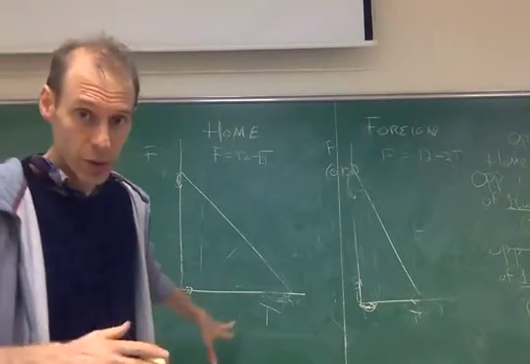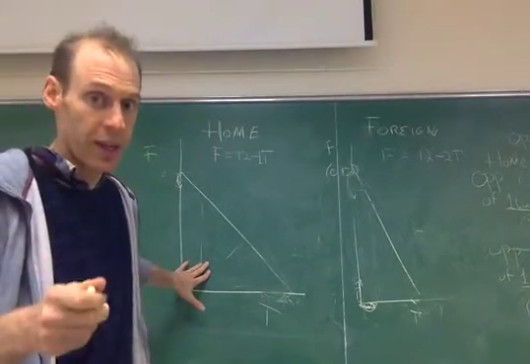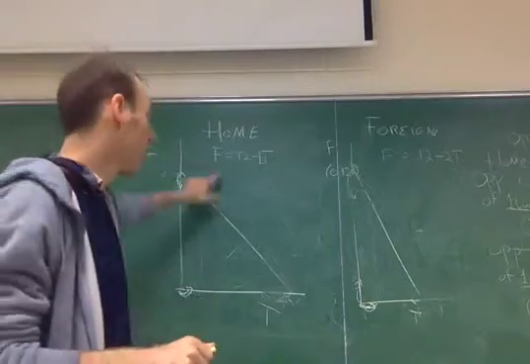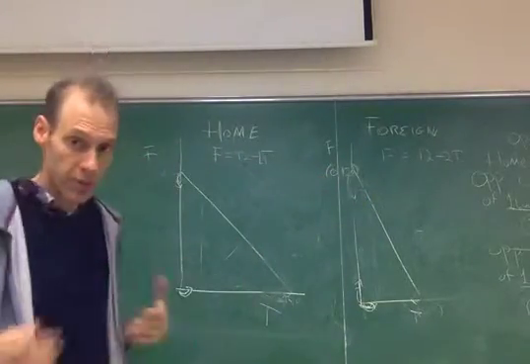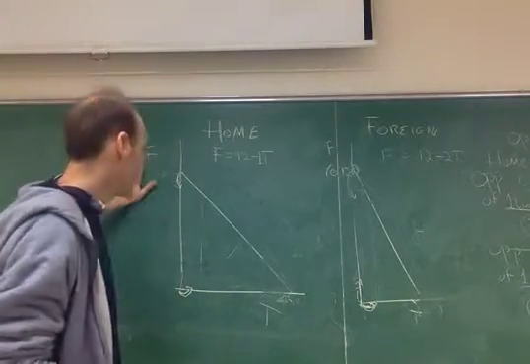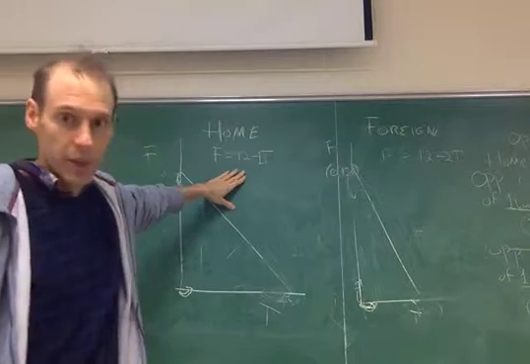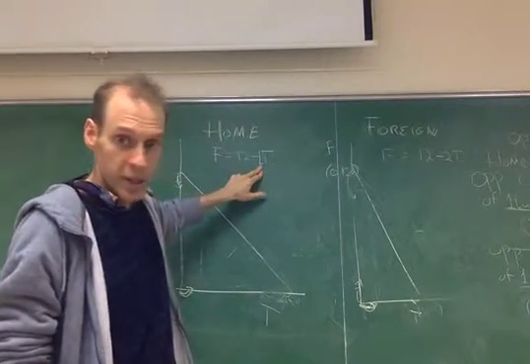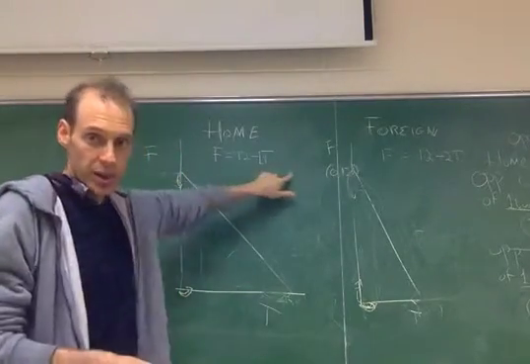So what I did is I drew the production possibility frontiers for the two countries that were on the practice sheet we were working with in class last time, home and foreign. Just to remind ourselves what we were doing: food on this axis, tools on this axis. And we wrote down the equations that describe the lines for each. Here for home, f equals 12 minus 1t, where f is food and t is tools.